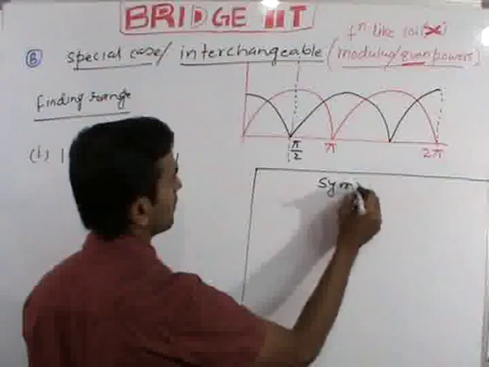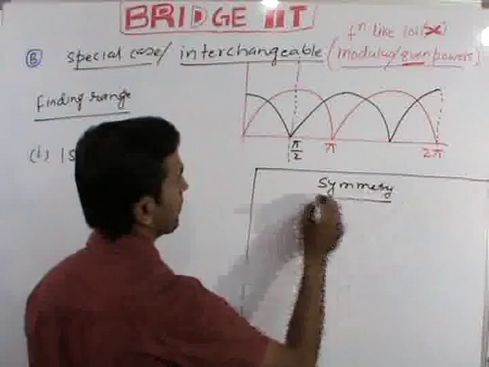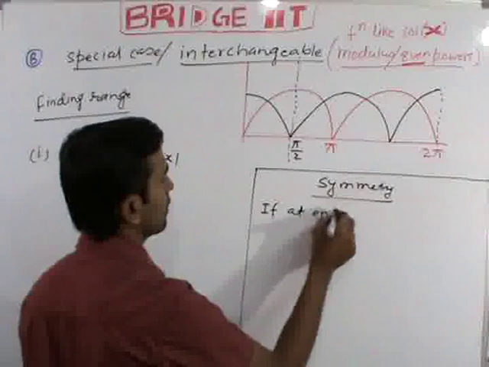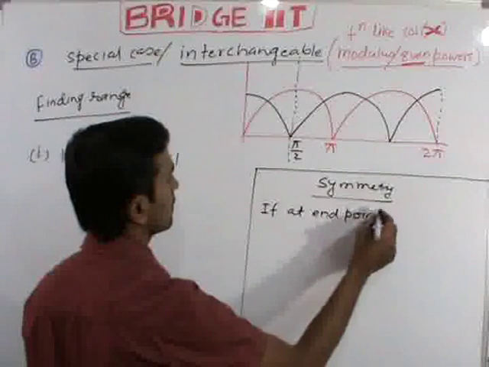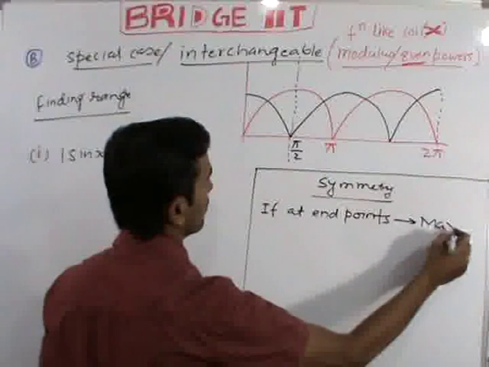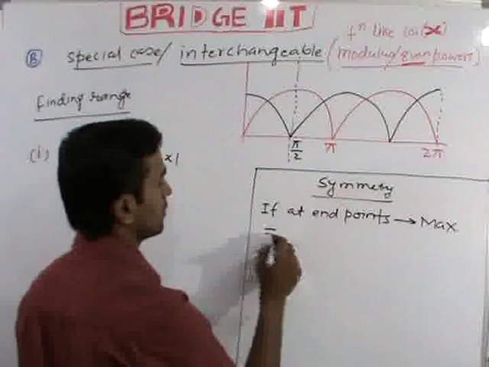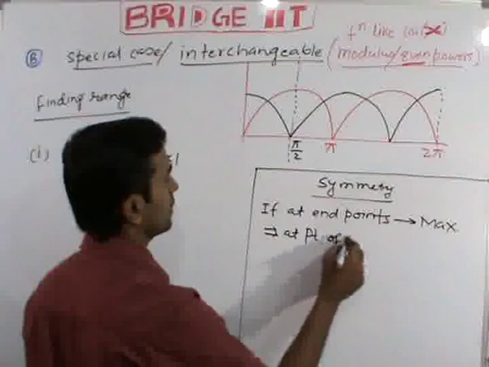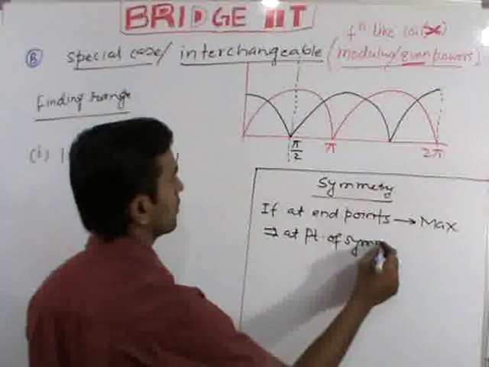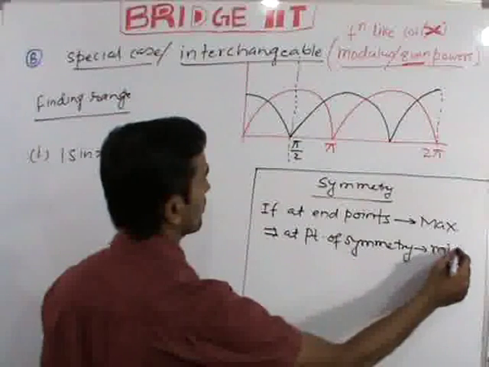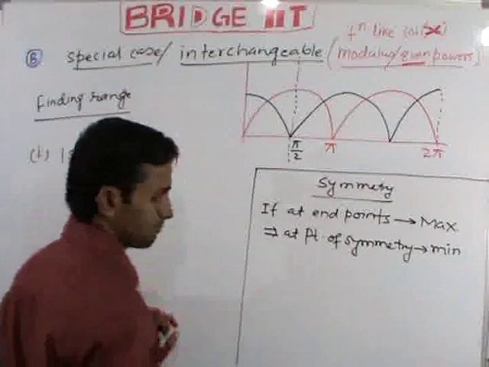Case of symmetry. If at end points you are getting the maxima, this implies that at the point of symmetry you will be getting minima.